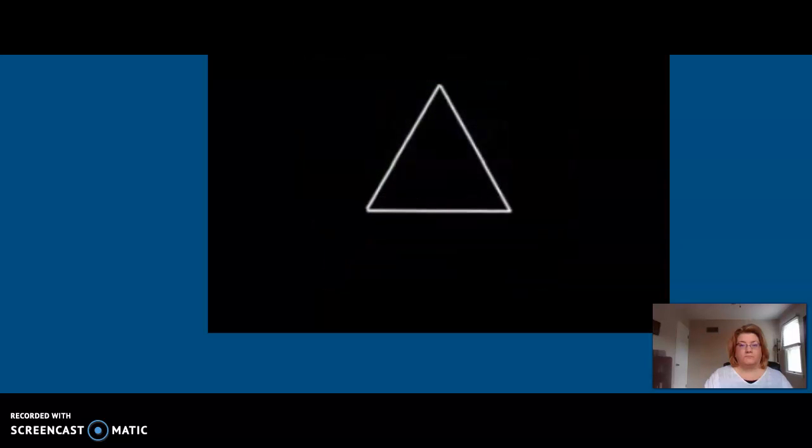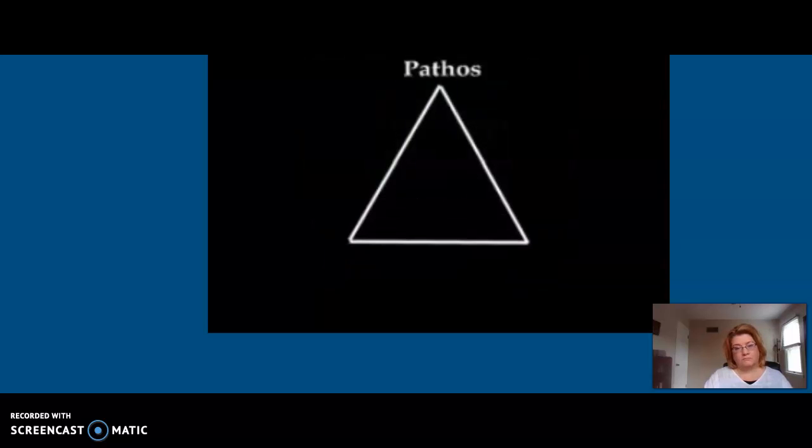Greek philosopher Aristotle used three terms to describe his rhetorical strategy: pathos, ethos, and logos. Not every advertisement will use all three techniques, but most use a combination of them to persuade.